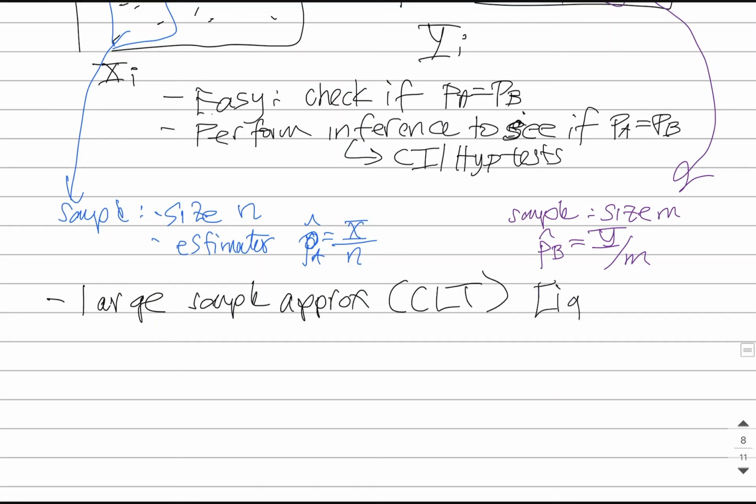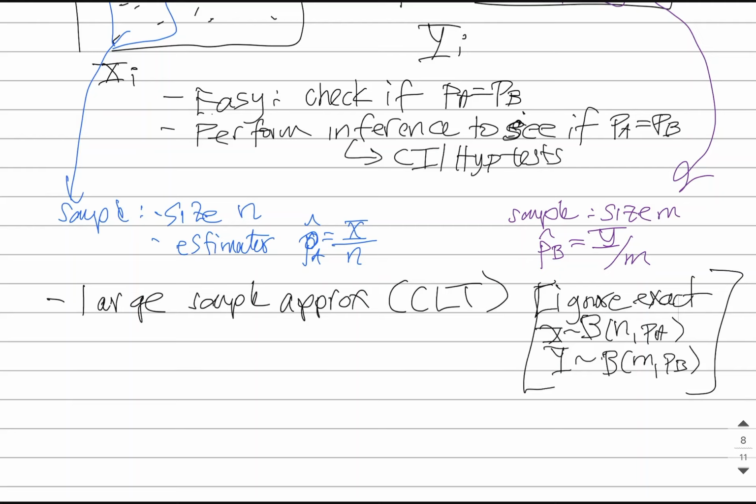So essentially, we are going to ignore the exact binomial n and PA and the exact binomial m and PB for the other one.